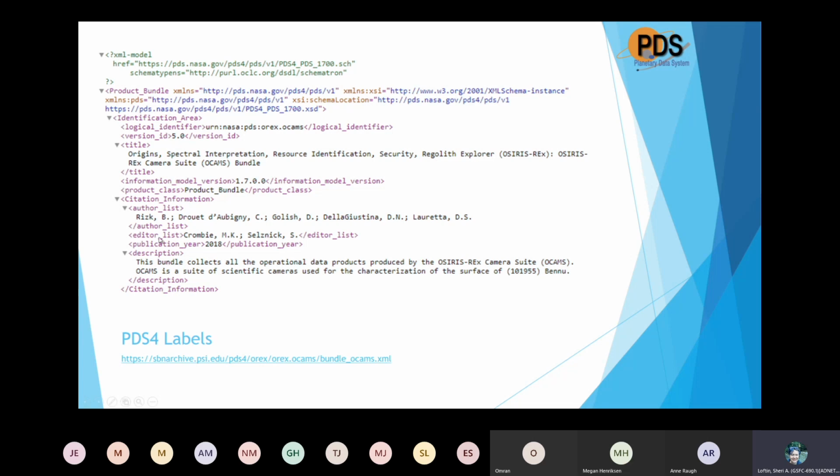Every word that you place in this label file is searchable. So the more you can put in here, the easier it is going to be for people to find your data and use it in the future. And that's the goal, is to make the data available for future use. So we want to make it as easy to find and easy to understand as possible. So the more you can put in there, the better.